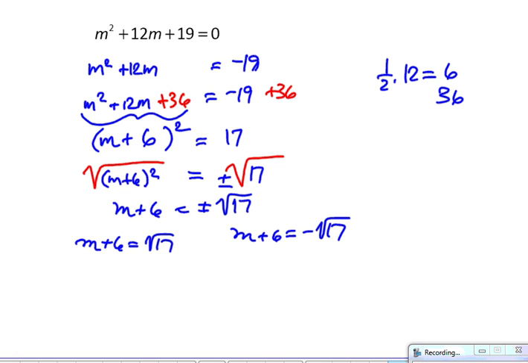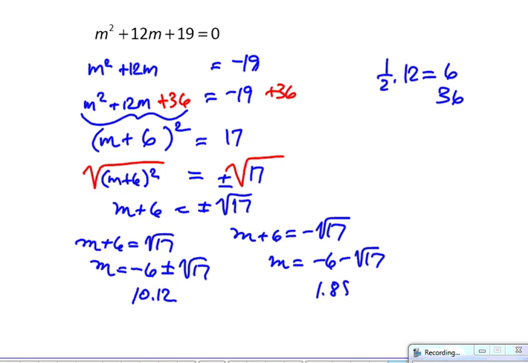So m is equal to negative 6 plus the square root of 17, and m is equal to negative 6 minus the square root of 17. The two answers I have for that are approximately 10.12 and 1.88.